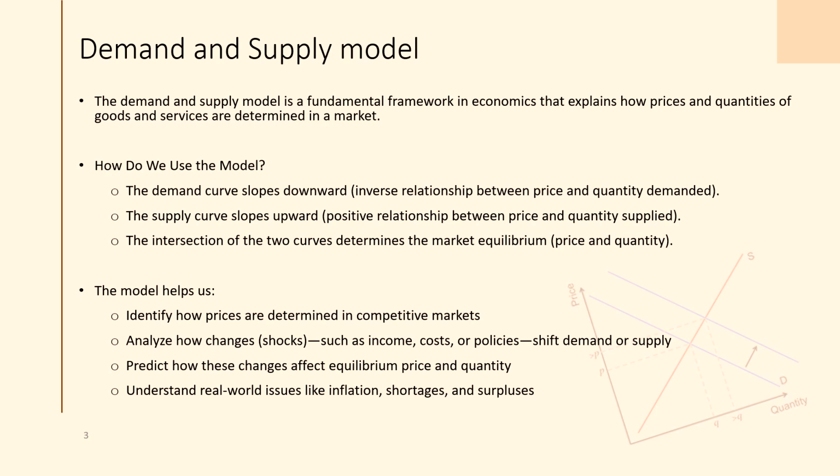The demand and supply model is a fundamental framework that explains how prices and quantities are determined in a market. To use this model, we rely on two key relationships. First, the demand curve slopes downward, meaning that as price decreases, the quantity demanded increases. This reflects an inverse relationship.